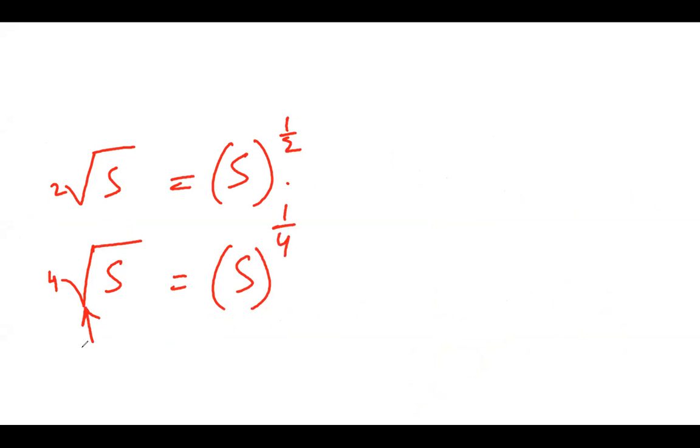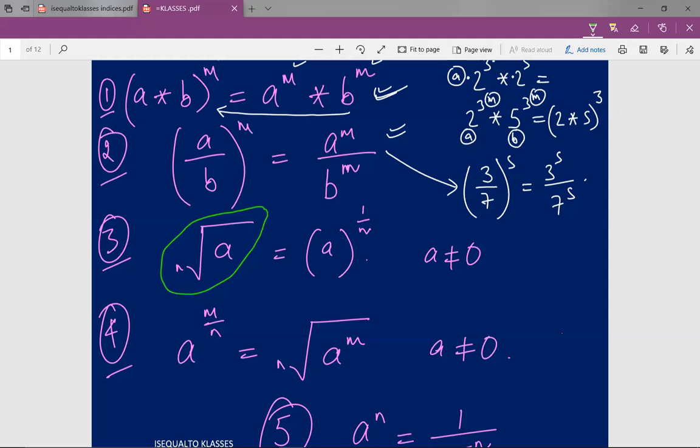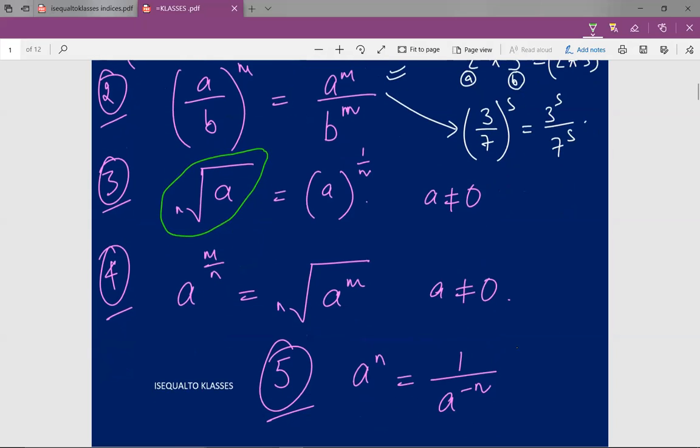So this is the fourth root. So the nth root of 5 is 5 raised to power 1 upon n. I hope this is clear. All these things become more clear when you are doing examples, and in the subsequent lectures we will be doing a lot of examples, so don't worry about that.